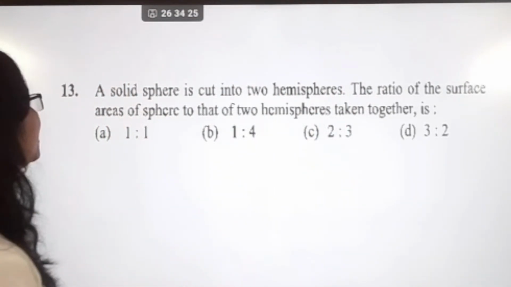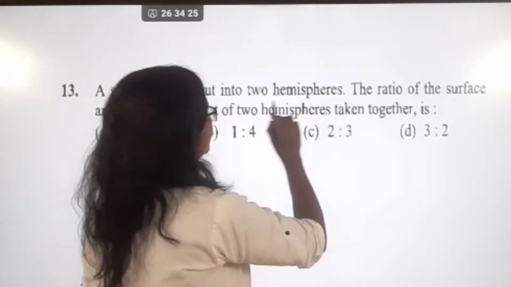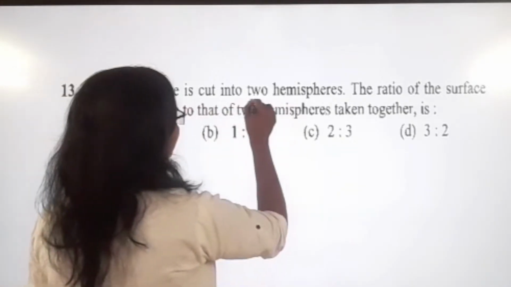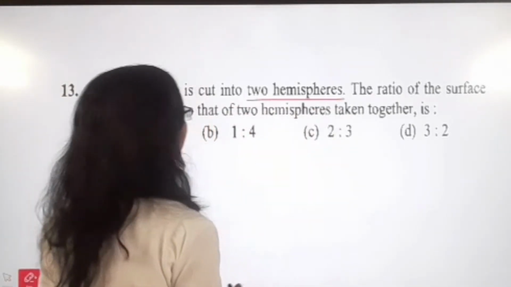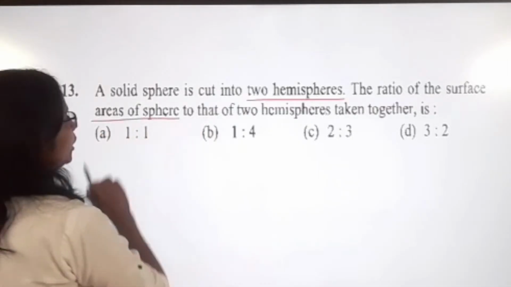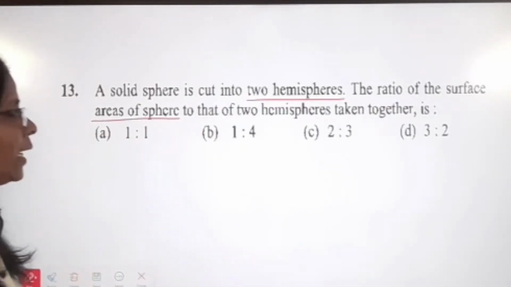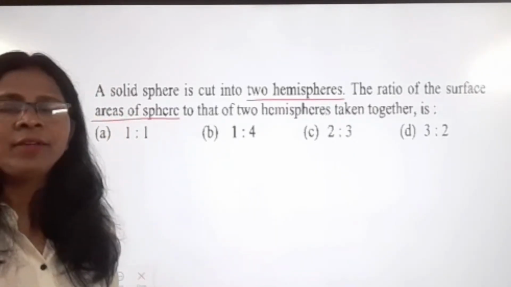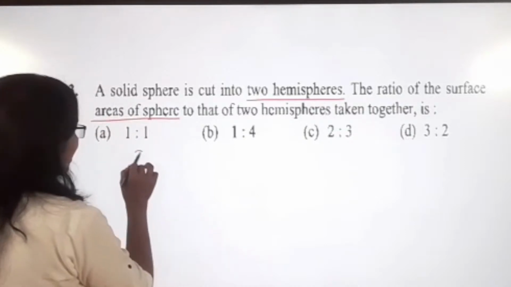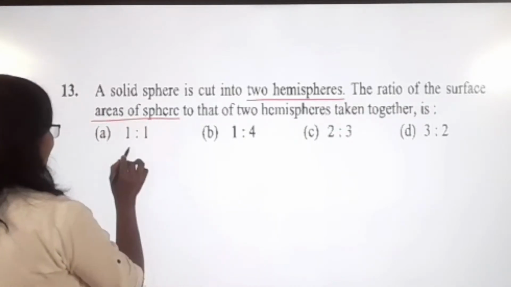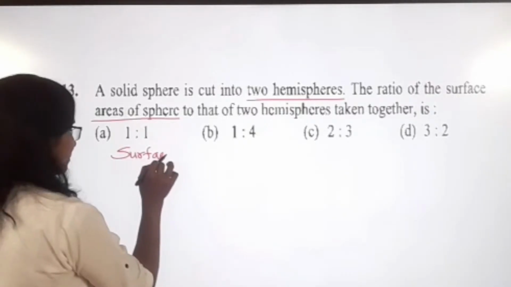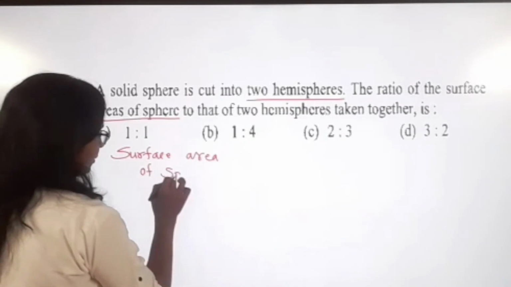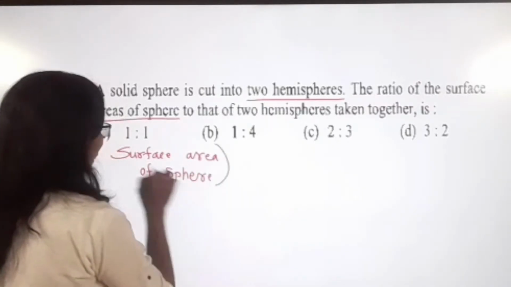A solid sphere is cut into two hemispheres. The ratio of the surface areas of the sphere to that of the two hemispheres taken together is? We know that the surface area of a sphere is 4 pi r square.